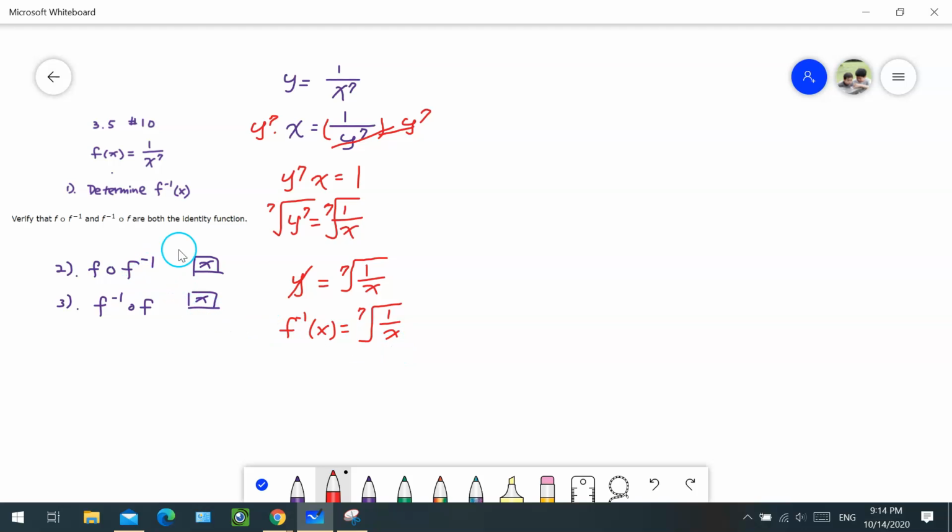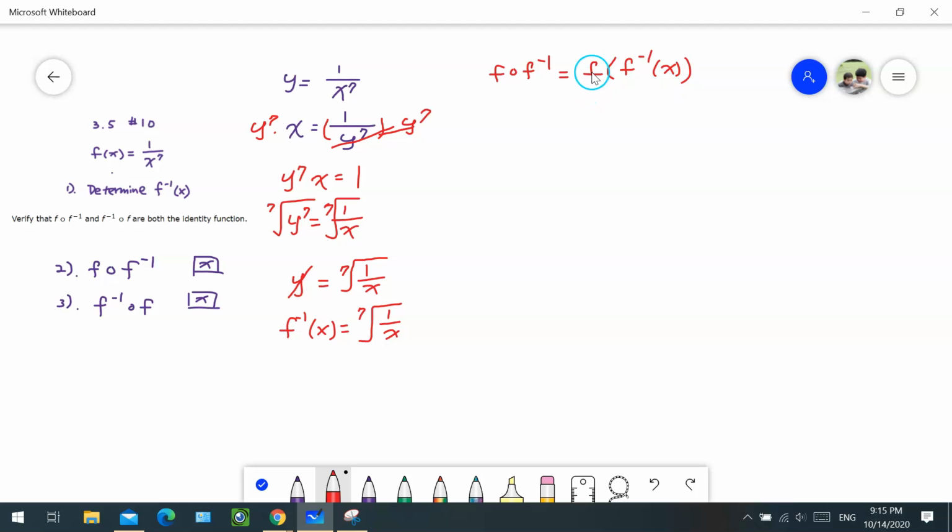Now we prove when f composes with f inverse. When you do the composition, you always rewrite it into this type of form. So this f will stay outside, and the second function, squeeze it to the inside.